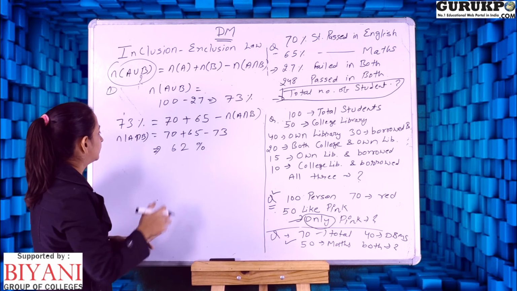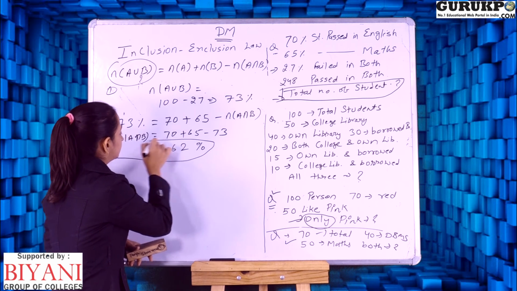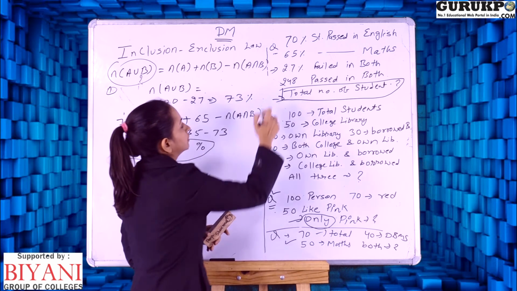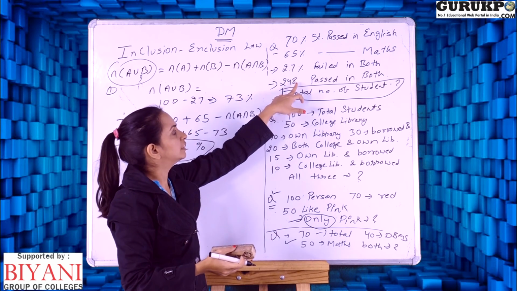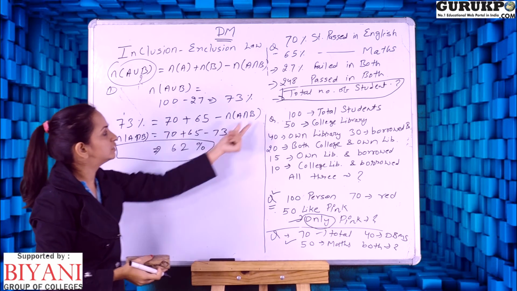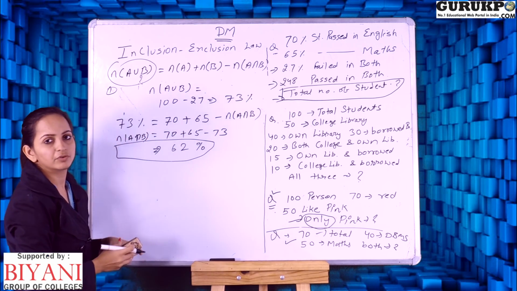So we get a value that 62% of students passed in both subjects, English and Maths, and in the question it is given that 248 students passed in both subjects. So with the help of these two statements we can find the total number of students.